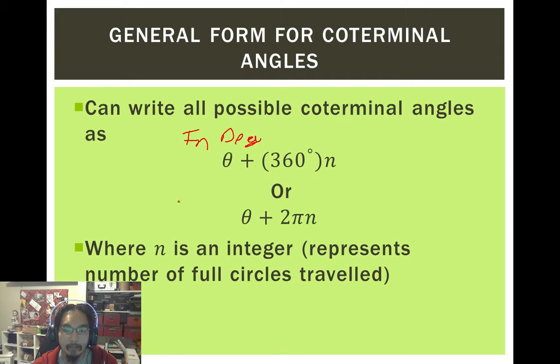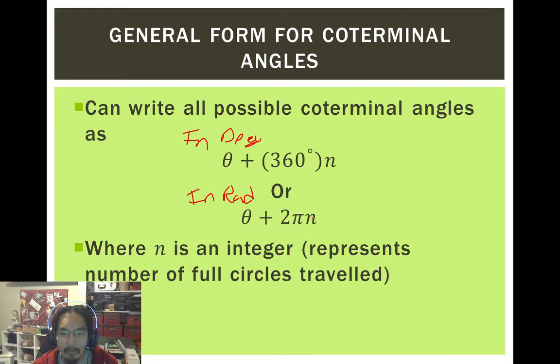In degrees, all coterminal angles are going to be theta plus 360 degrees times n. And n is any integer, positive or negative, as long as it represents all the circles that you've traveled to get to your terminal angle.